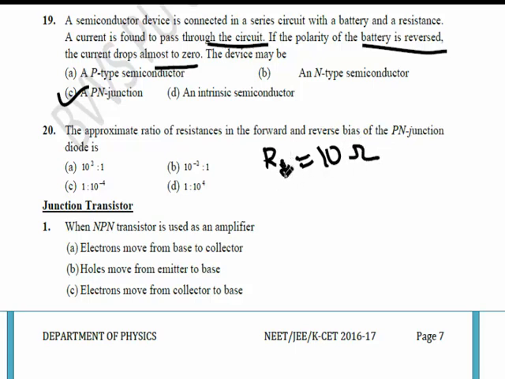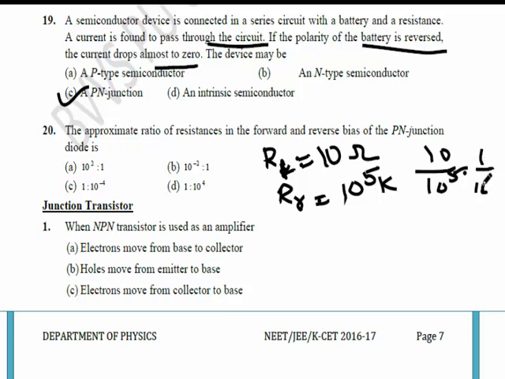Resistance in reverse bias is nearly 10 raised to 5. So when you take the ratio, it will be 10 by 10 raised to 5, which means 1 by 10 raised to 4. So D is the correct option.